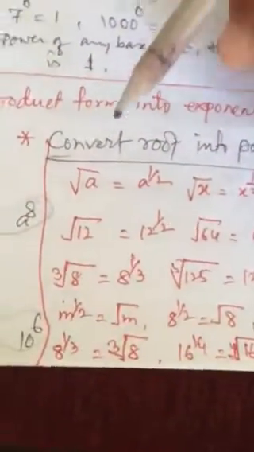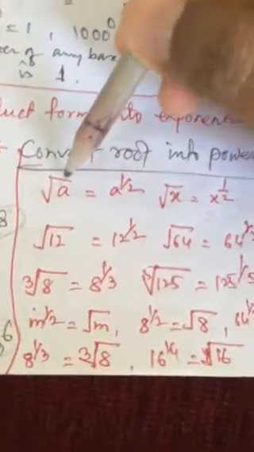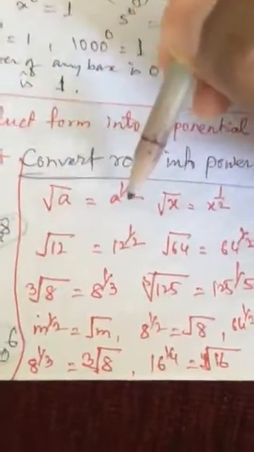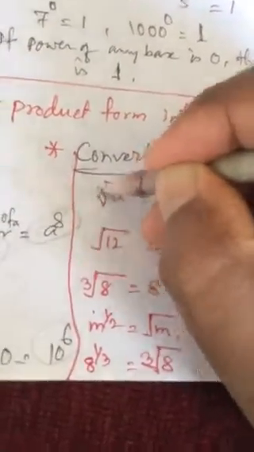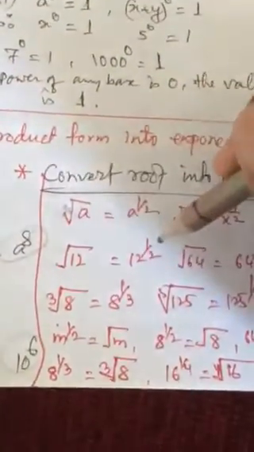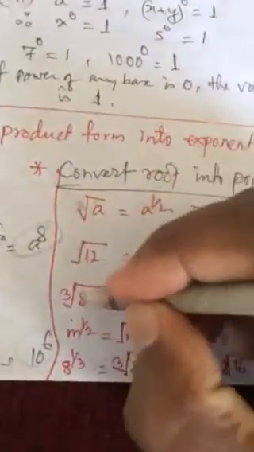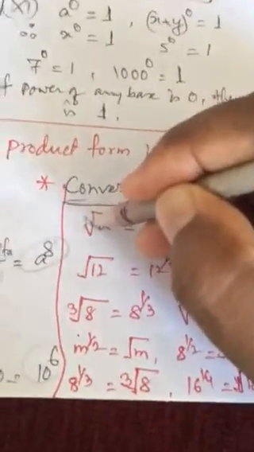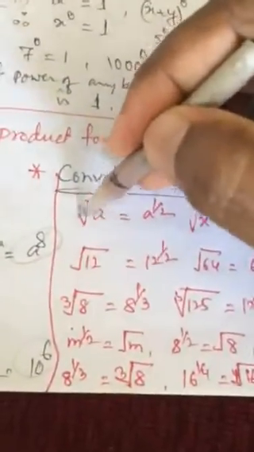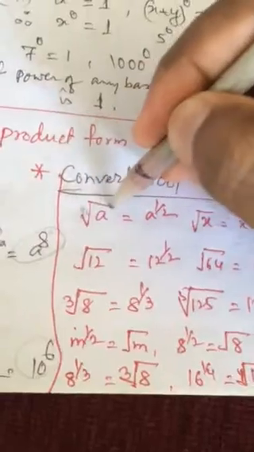So here I want to show you root, like root a. Root a means the 2 root of a. There can be 2 root, 3 root, 4 root, 5 root. The 2 root is called square root. So this is root, but it is 2 root, so it is called square root.